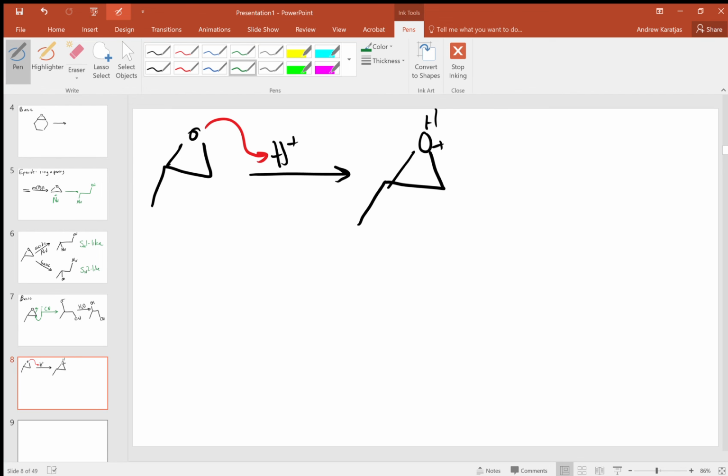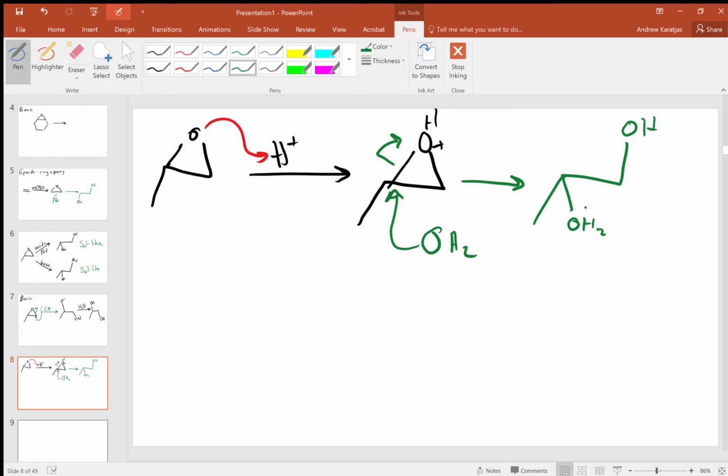And so because of that, when we add in a nucleophile under these conditions, such as water, it's going to prefer to add at the more substituted carbon, just like it would if we were dealing with an SN1 reaction. And then in a final step here, we'd lose a proton to get our product.